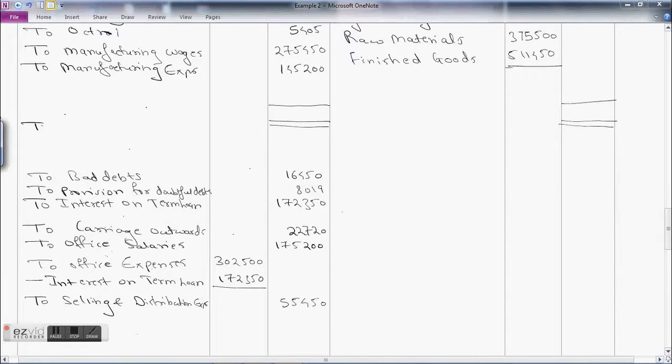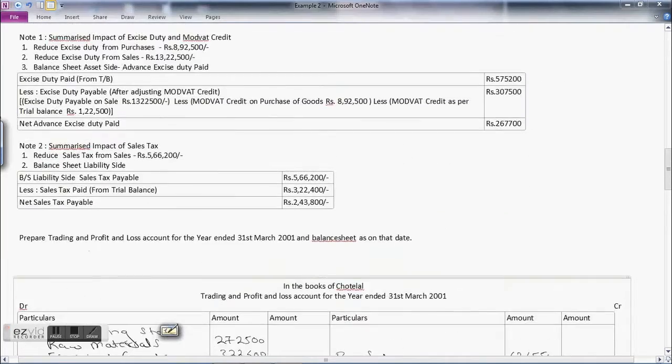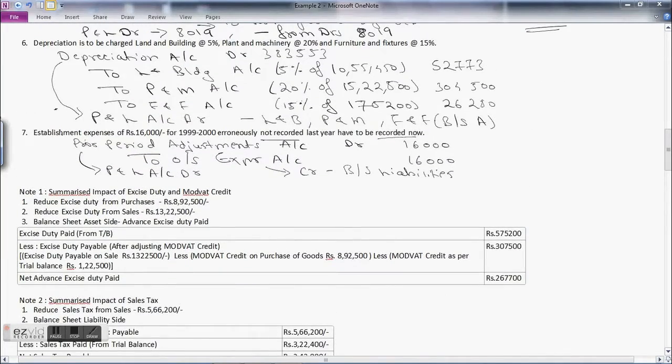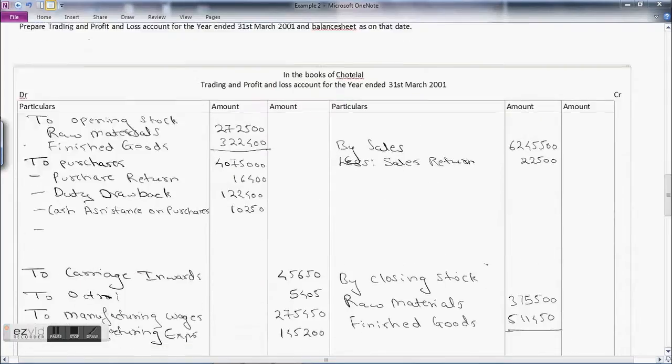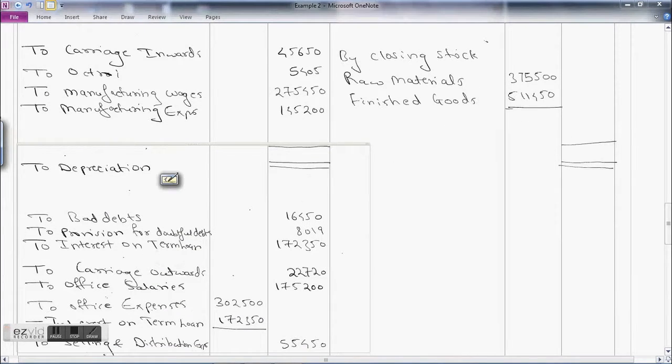We'll put it here. There is no place down. Depreciation. How much is the depreciation? 3,83,553.